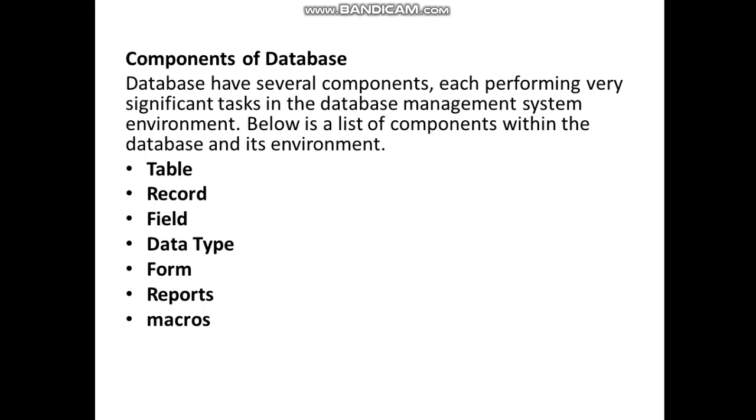Next, components of database. A database has several components, each performing very significant tasks in the database management system environment. There is a list of components. Table. A table is in the form of rows, meaning records, and columns, meaning fields, where you store the data.